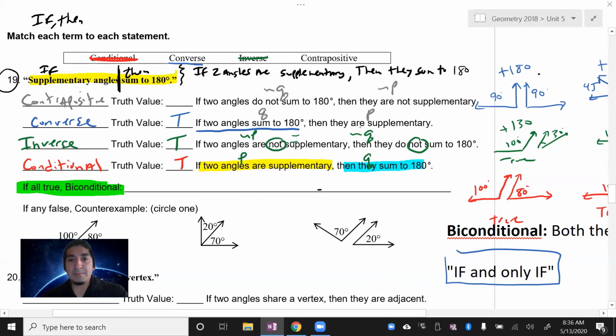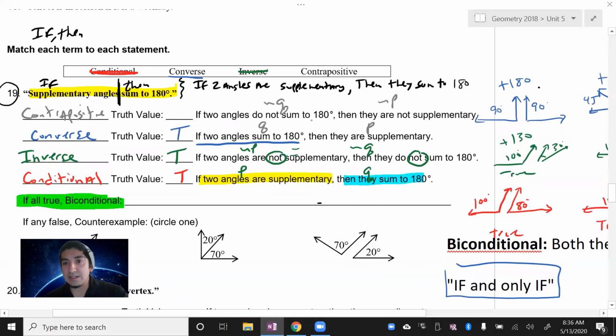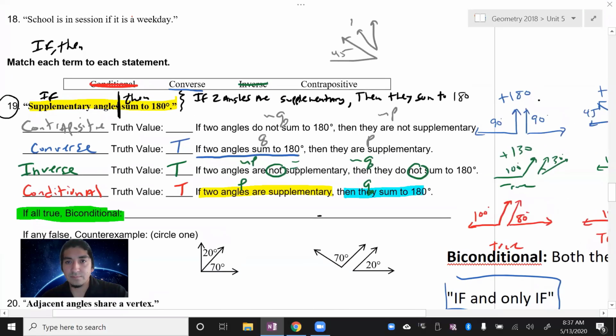So if they do not add up to 180, then they are not supplementary. So if I come up with 45, and another 45, that means they add up to 90, not 180.